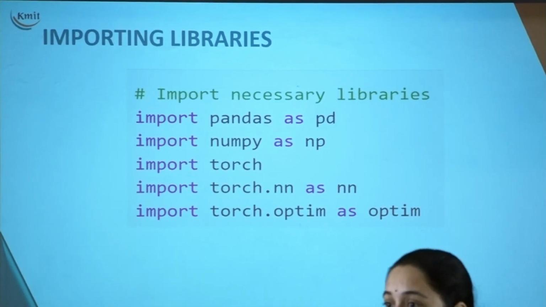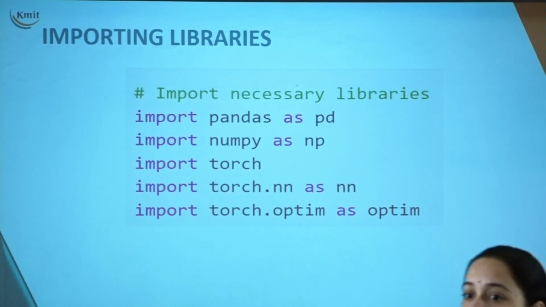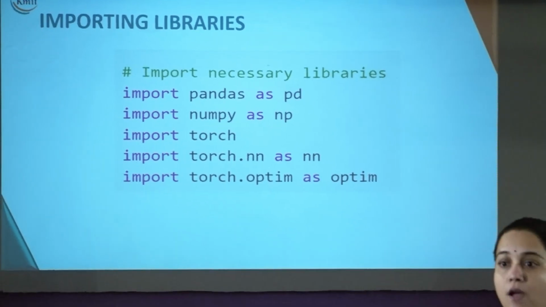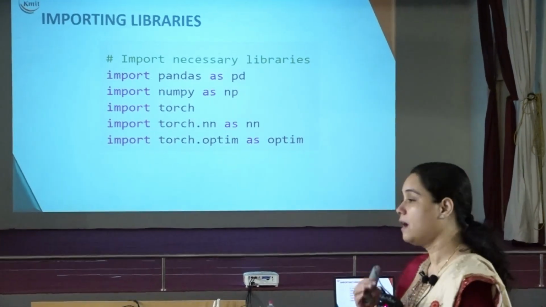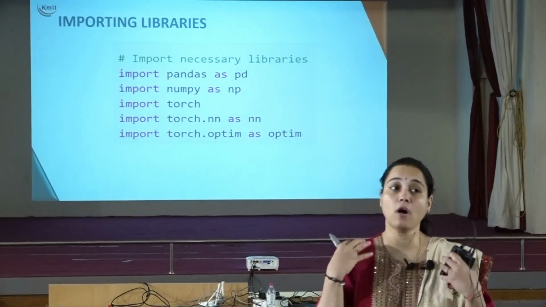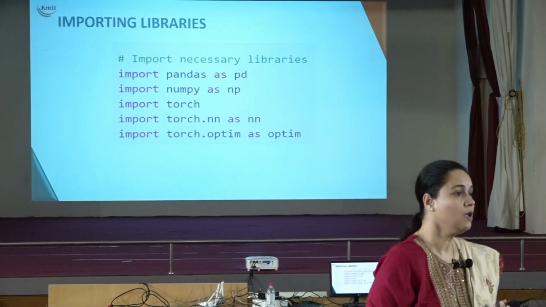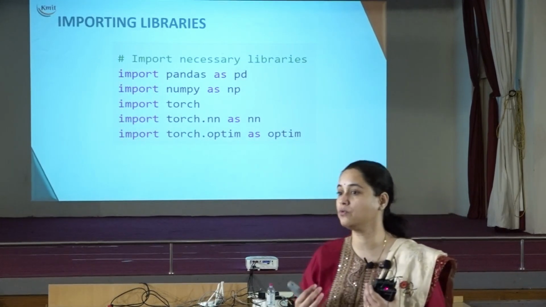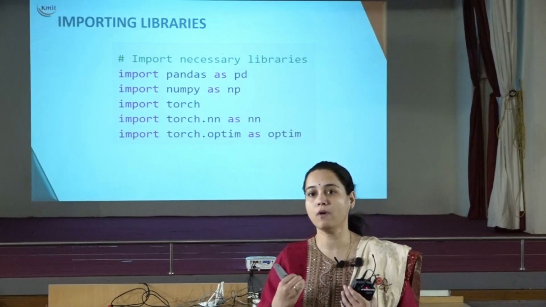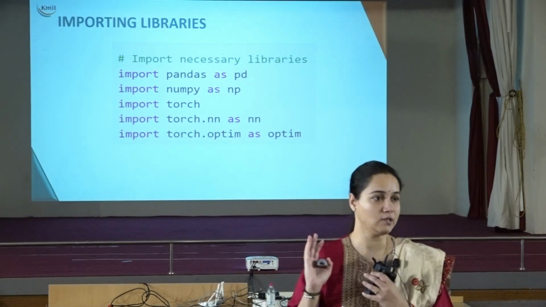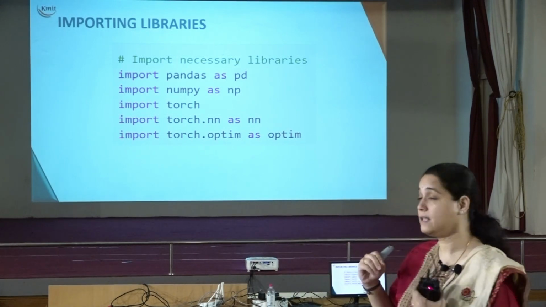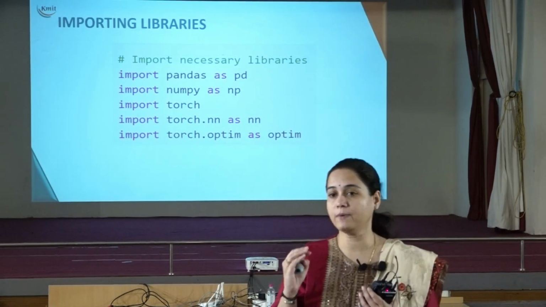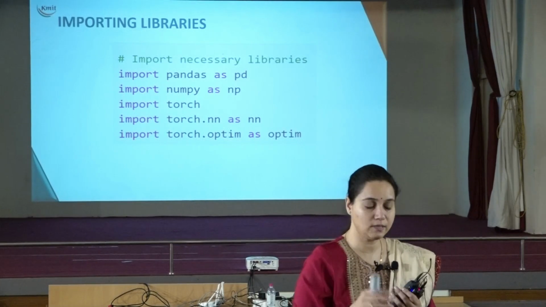I have to build a model using PyTorch, for which I am calling the basic neural network library called nn. And then I will have to build an optimized version of my model. So I am supposed to use an optimization algorithm, for which I'll be calling optim from torch. Okay, optimization library. So all these things we have imported.